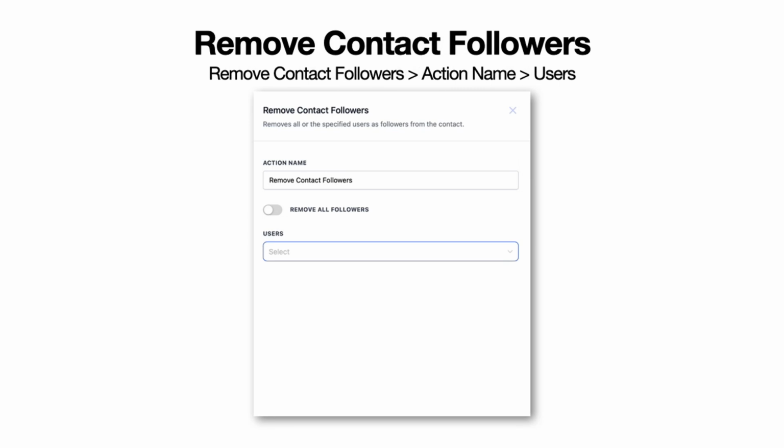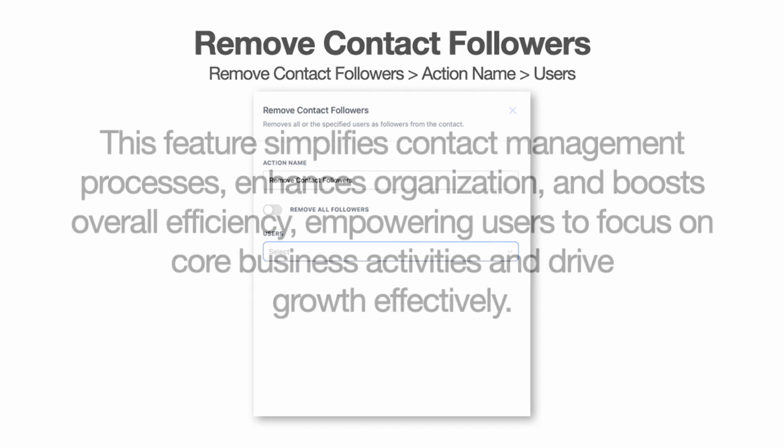So we're going to make sure those followers are completely updated. In this version, I have remove contact followers, but under the followers area, specifically under users, is where you're going to select those specific users within your CRM account.